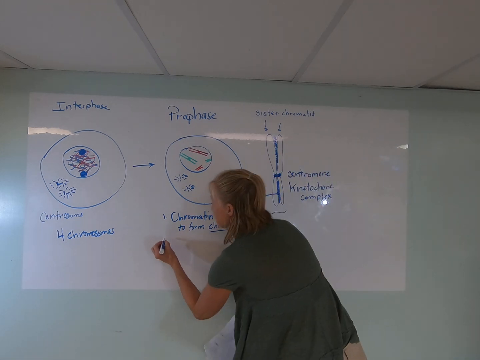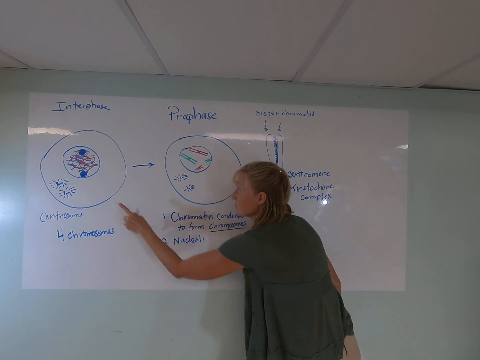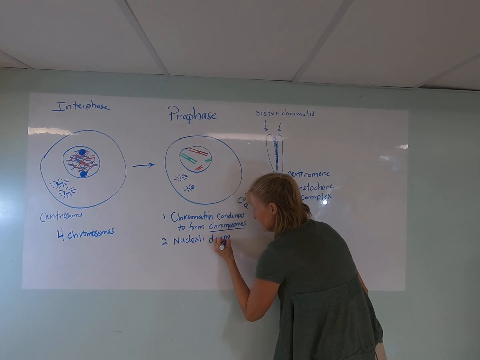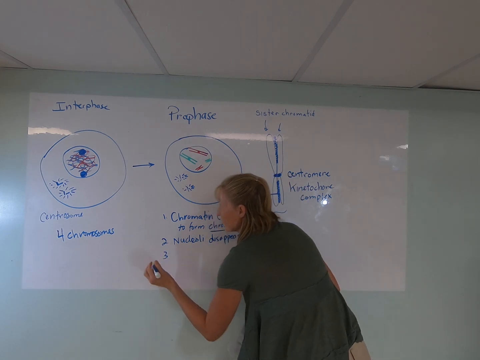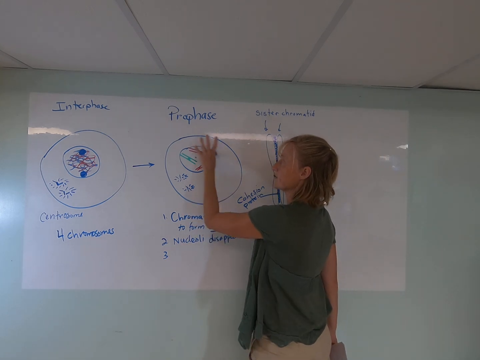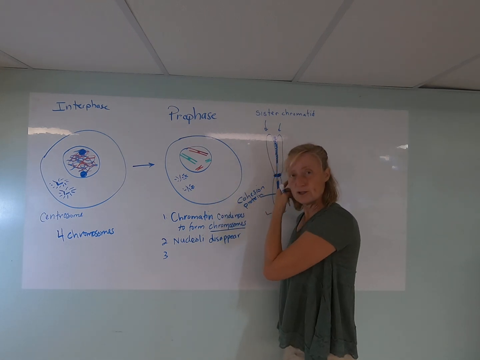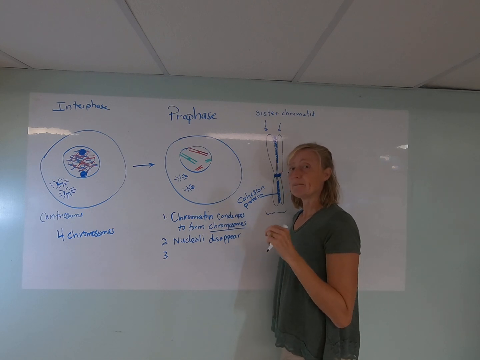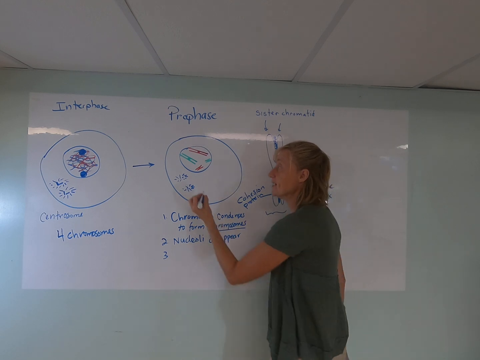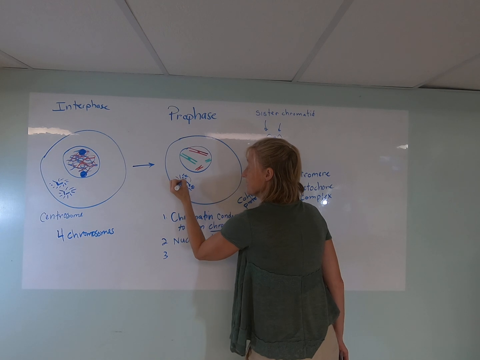Now, a couple other things that happen. The nucleoli that are found inside the nucleus of the cell start to disappear. Mine are already gone. I haven't put them in. The microtubules of the cytoskeleton start to disassemble, and they are used to start building a mitotic spindle, a spindle of microtubule fibers extending between and from the centrosomes in this cell.